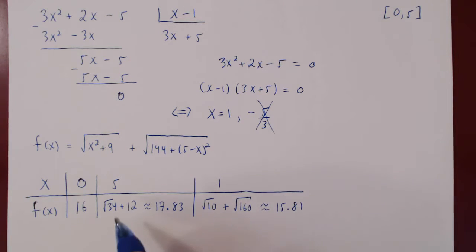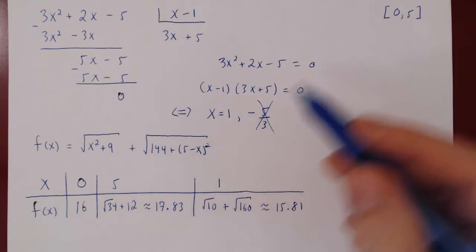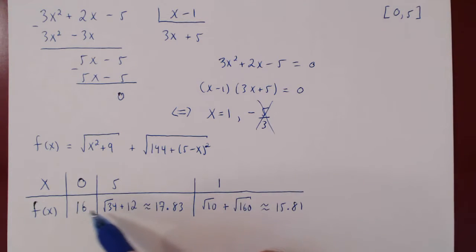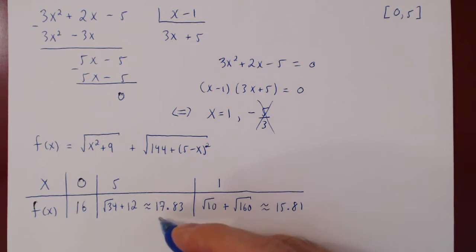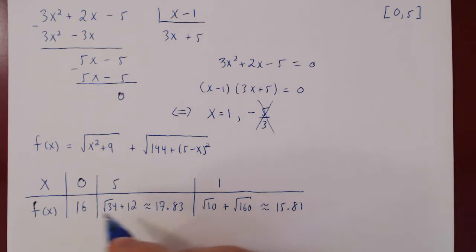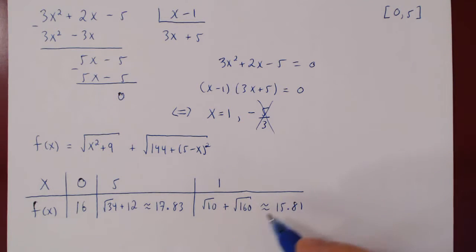So now we have the values of our function f at the two endpoints of the interval and at the only critical point inside of the interval. So we know that one of these values must be the maximum and one of these values must be the minimum. Well, obviously, this is the maximum value, right? 16, 17.83, 15.81.